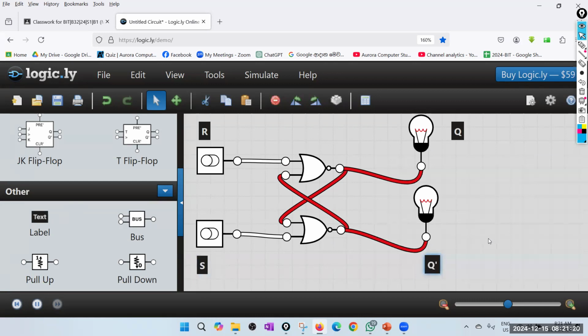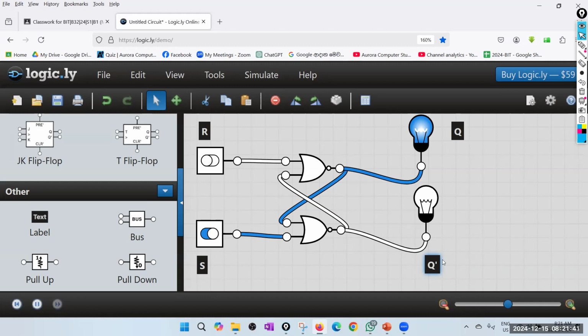Right. So now what happens when we set it? S is 1, R is 0. Then Q must be 1, Q dash must be 0. You can see, if you keep this state forever, Q is 1, Q dash is 0. Okay. So that is how you set it.